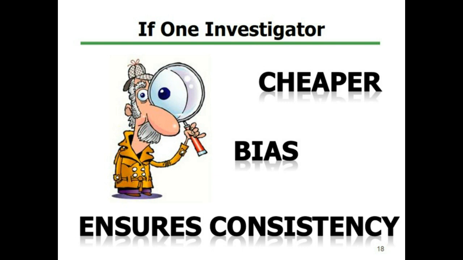But whether you would be hired or your cost would be absorbed by your salary, it's still cheaper to have one. Yes, you have bias. You're definitely going to have your bias, but it's only one person's bias, and hopefully you're in touch with what that bias is. It definitely would ensure consistency.